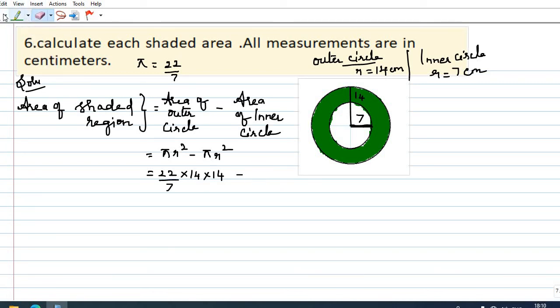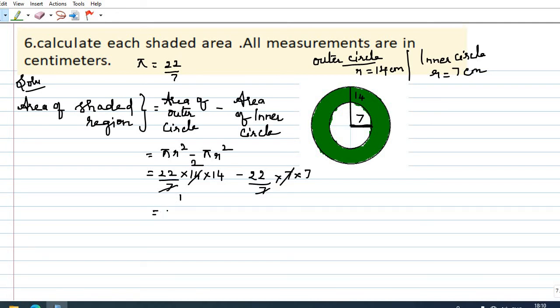Substitute that pi value. 22 by 7 into 7 into 7. Listen children, 7 ones are 7, 7 twos are 14. Here this 7 getting cancelled.